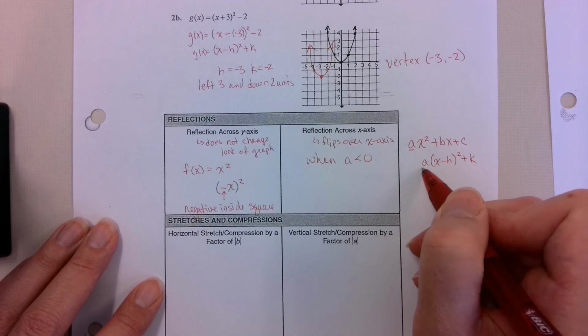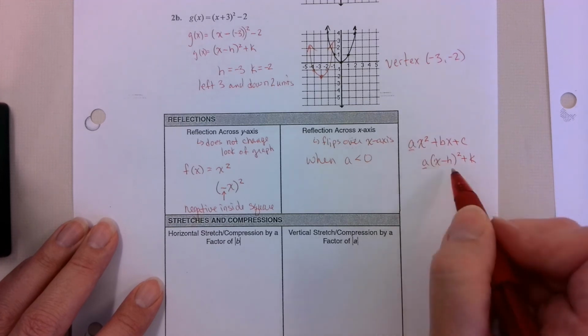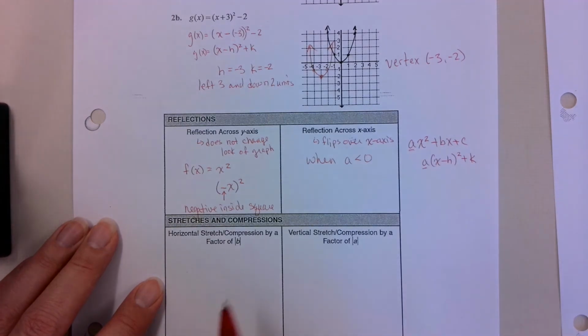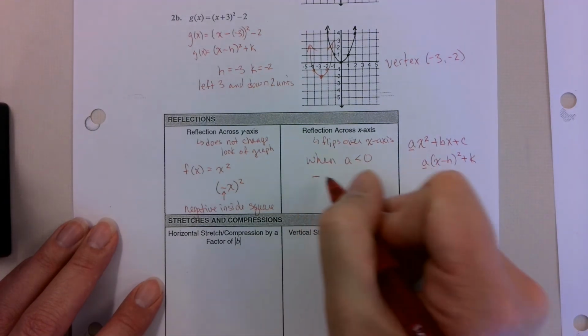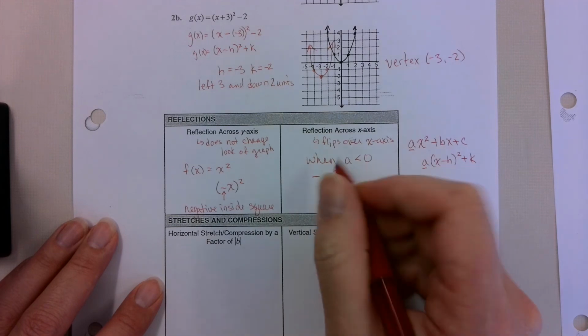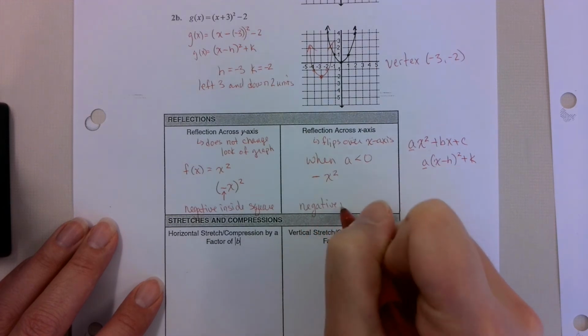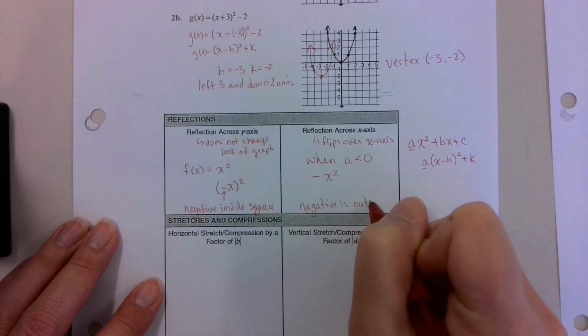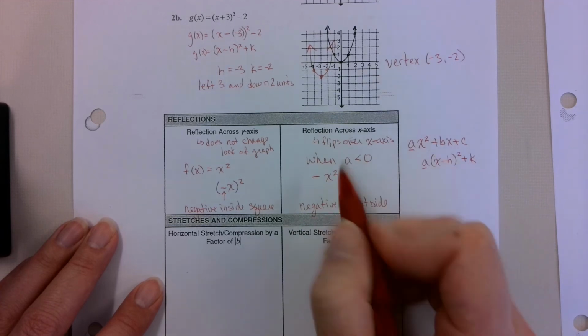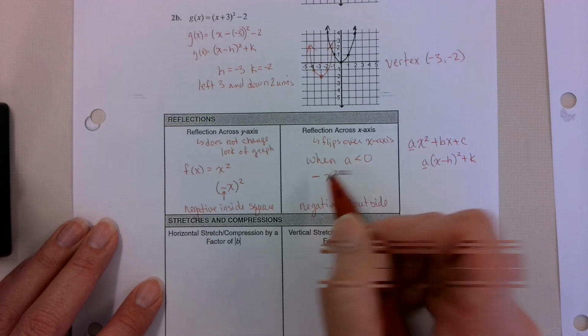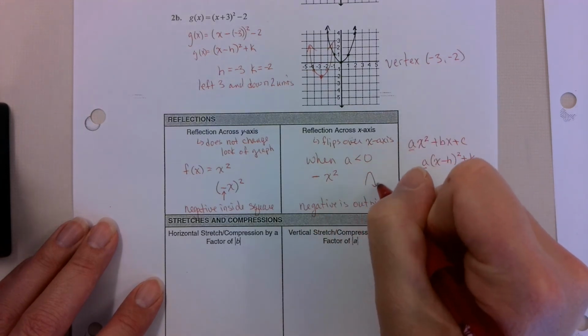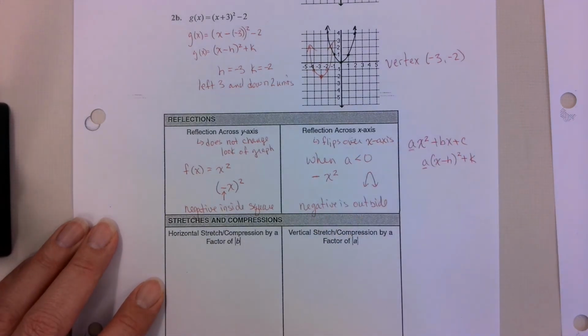Either way, if that front number outside of the x squared is negative, it is going to flip it over the x-axis and give you that upside down. So when the negative is outside, everything that was supposed to be squared and positive is going to be the opposite. So you're going to have this sort of upside down looking parabola.